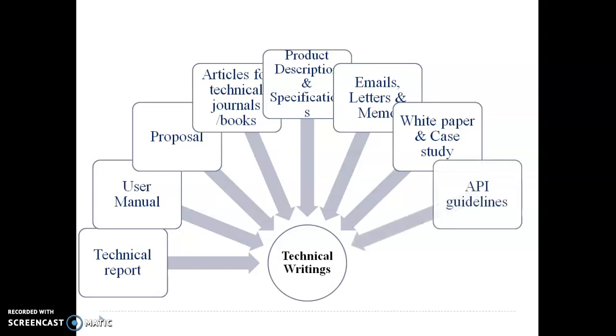Then API guidelines are written for the developer community and are used to explain application programming interfaces. Then we have help system. It is an online help center that provides technical information about products and services usually to the users.